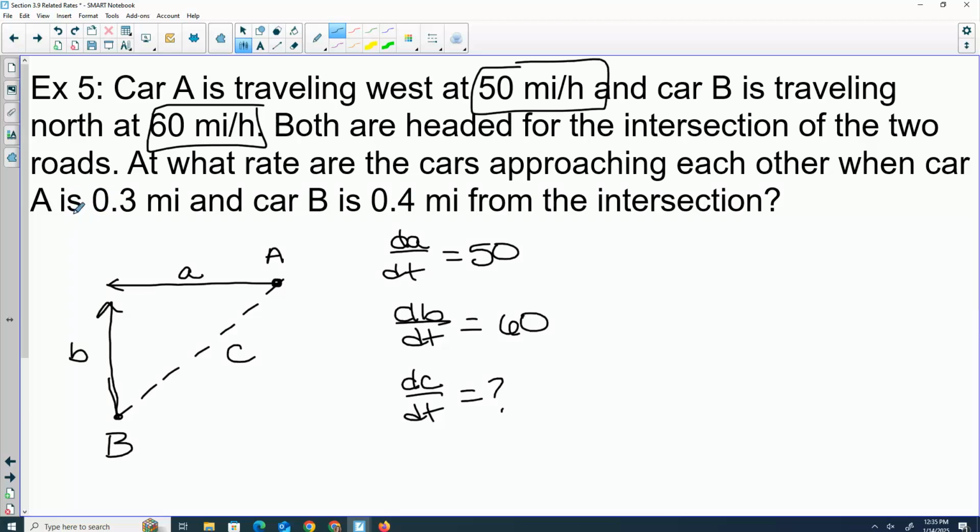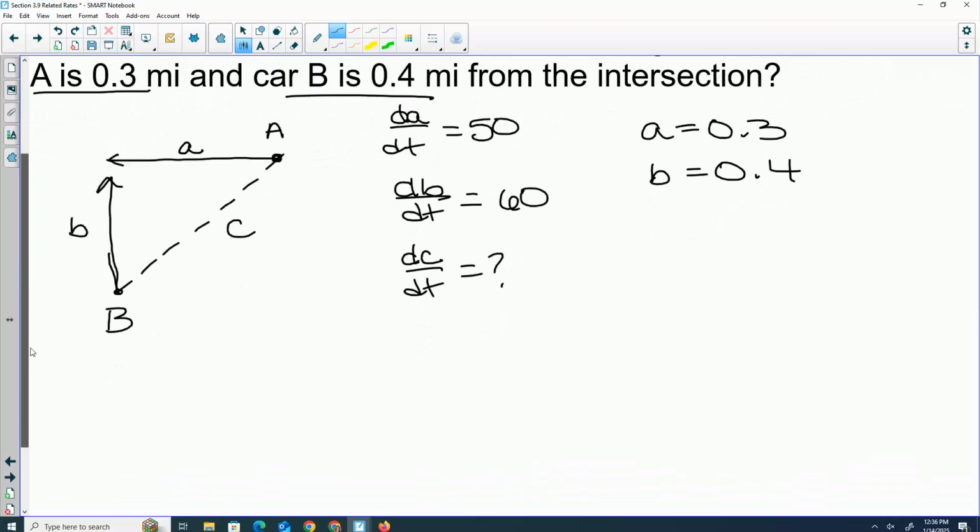When car A is 0.3 miles and car B is 0.4 miles from the intersection, what are those? That's just your regular. So A is 0.3, B is 0.4. Alright, what next? Gotta put that in here.